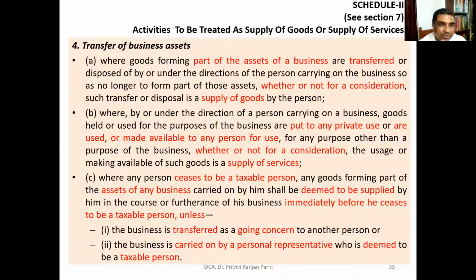Even if you know that under GST law the charging section includes both the things, supply of goods as well as services, that point might be coming to your mind: then why should we distinguish between supply of goods and supply of services? There are many reasons for that. Sometimes certain activities are exempted, or certain concessions are given to those activities if they are services.